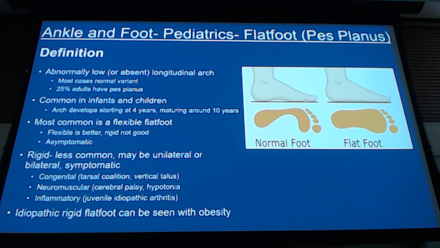You will see that a lot in the young active duty recruits that are coming in. It is amazing how many of them come in with pes planus. And you watch them running down the track, just foot slapping all the way, and you wonder why they can't run and meet the timeline, because they have to work too hard with that push-off gait because of their flat feet.